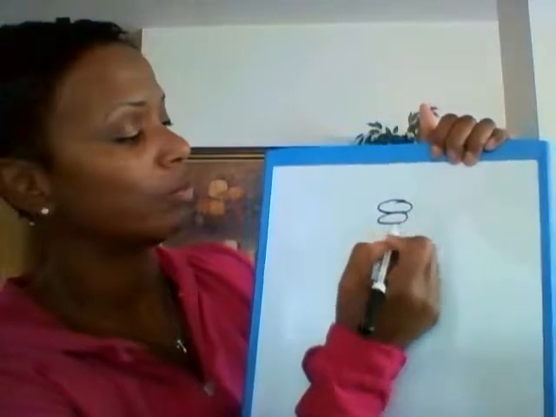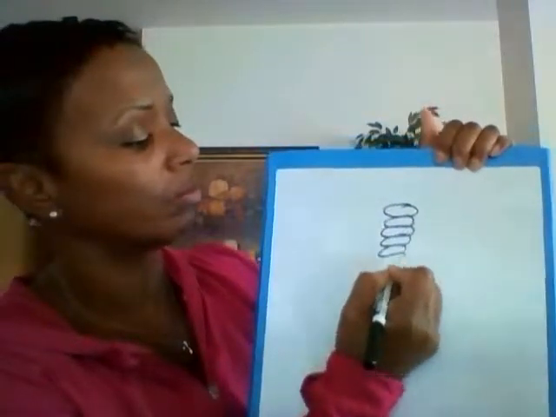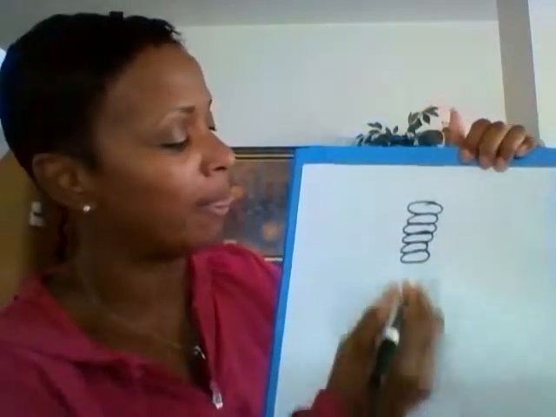Now we need to talk about this bronchial tree. You can see it in the PowerPoint presentation, how it breaks down. But it's really kind of easy to understand. Okay, let's say that this is my trachea.